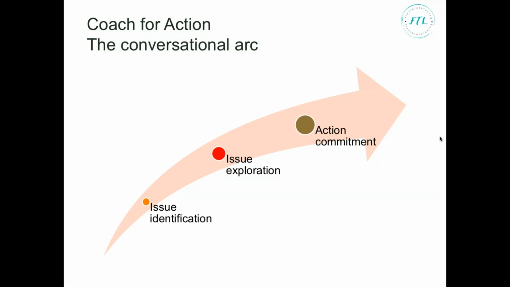It's about helping the coachee get to a point where we're focused on a particular problem, and they're starting to think, what might be some solutions? And again, a killer point here for us as a coach is we're not just coming up with solutions for the coachee. The coachee is coming up with solutions themselves, and that's a really important point.